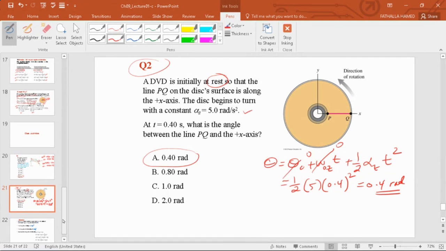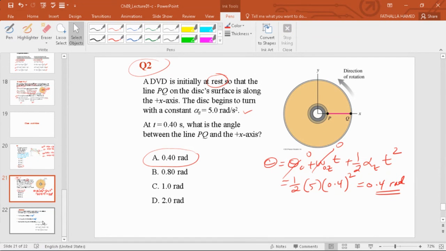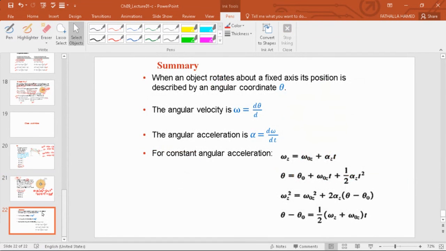So in this lecture, we tried to look at how you can express points on a rotating body. You're not going to use x and y, you're going to use r and theta, and you're going to talk about angular position, theta, instead.